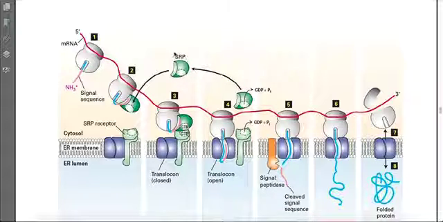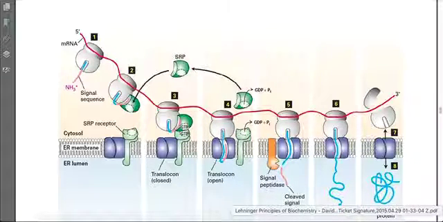What is this signal recognition particle? In a very short question, it is a ribonucleoprotein complex made up of 300 nucleotides, 7SL RNA, and 6 different proteins.